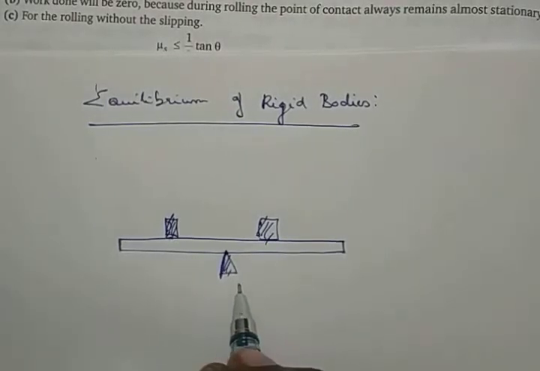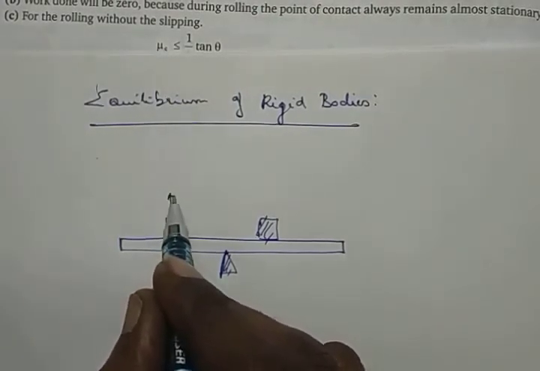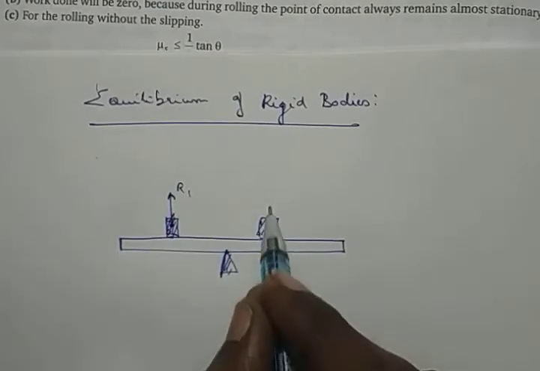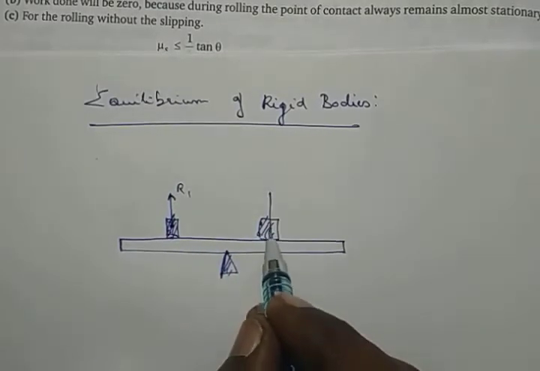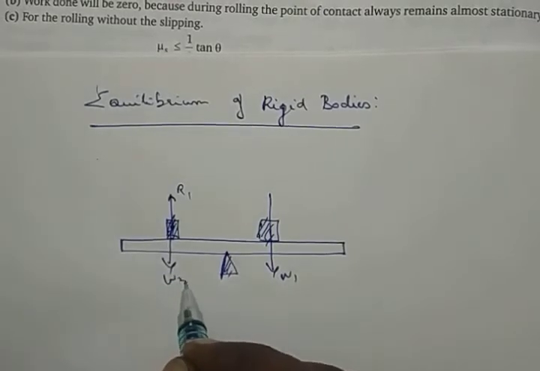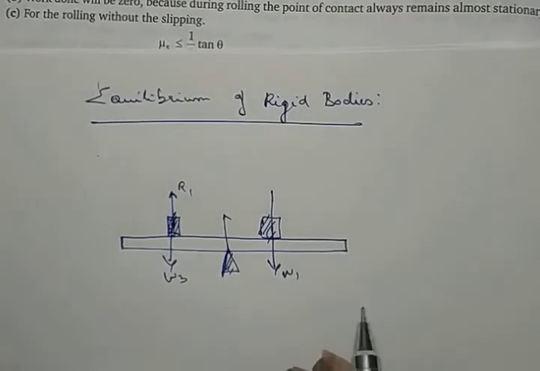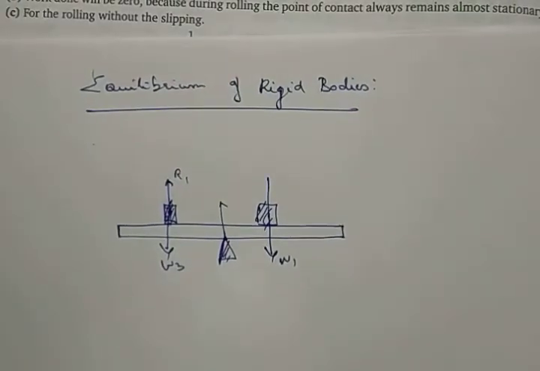So always you need to see this is going to have a reaction here, and this will have a weight W1, this is going to have a weight W2, and this has a reaction. All these things will be there, okay? So whether it can be balancing together, that's the main part of it.